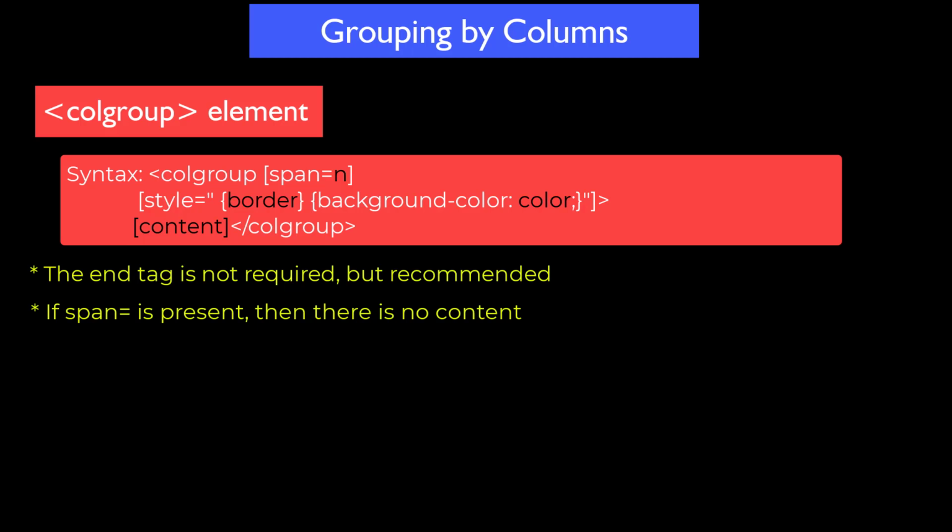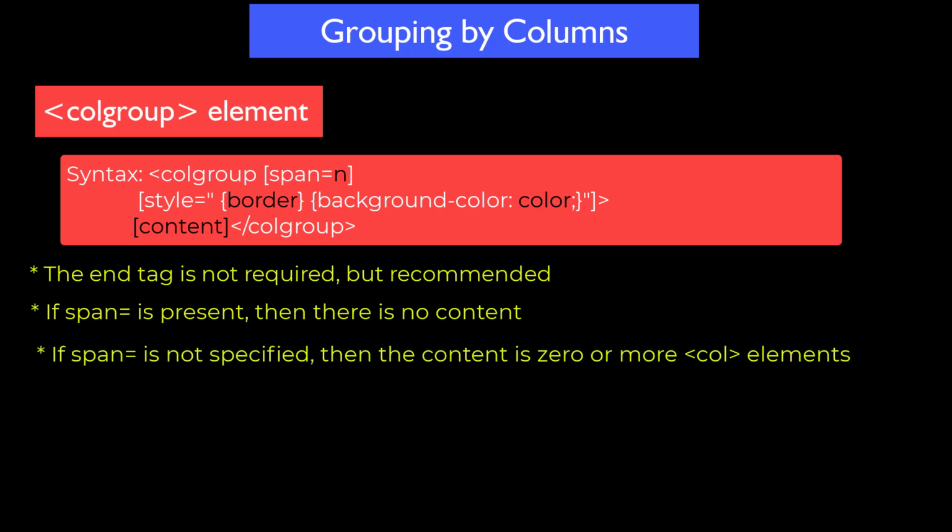Now, if span equals is present, then you cannot have content for the element. That is, any style properties apply to the first n columns, and that's all there is to say. If span is not specified, then the colgroup element may have 0 or more col child elements as content.